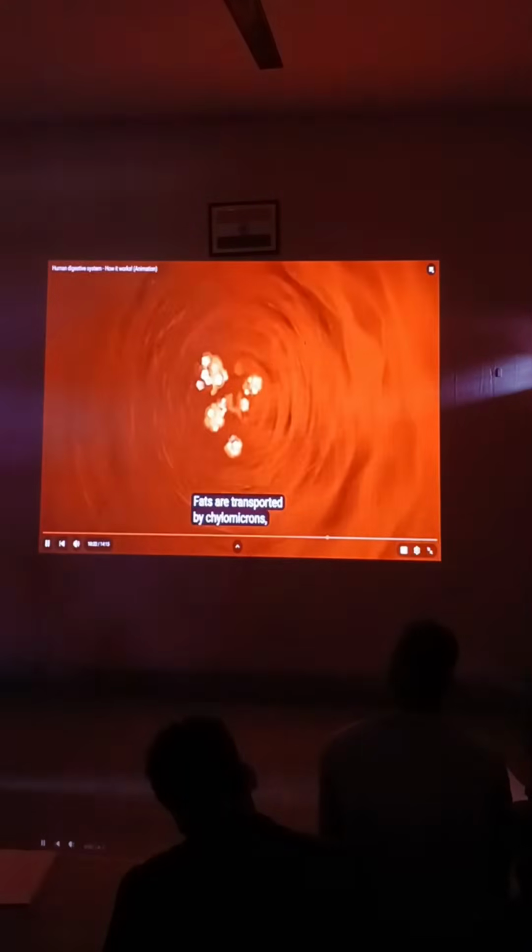Some nutrients, such as glucose, do not require a carrier. They are transported freely in the bloodstream. Other nutrients, such as iron, require transport proteins like transferrin. Fats are transported differently.